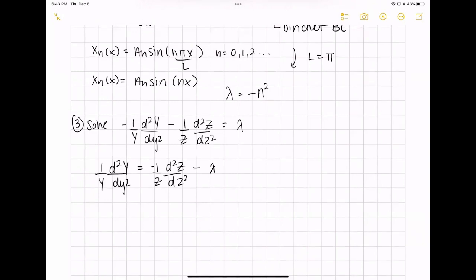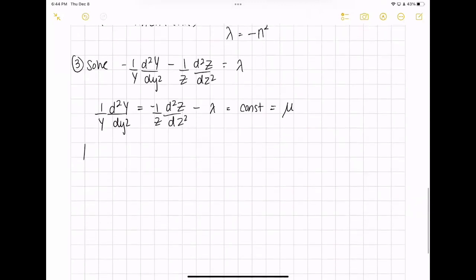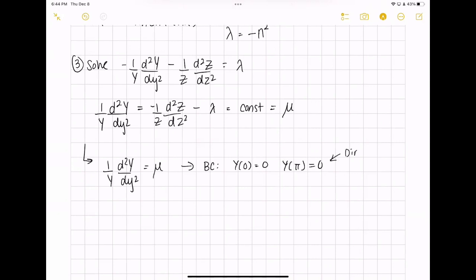All right. And we're going to call this another constant and we'll just let that be mu. So just pick a variable. I chose mu. And so we're now going to solve this eigenvalue equation. And using the boundary conditions, again, these are Dirichlet, but in other conditions, you could have Neumann here.